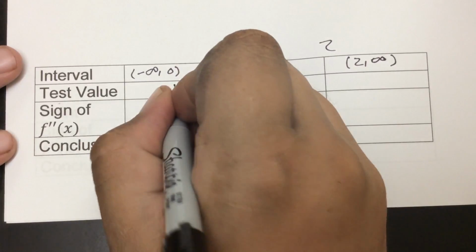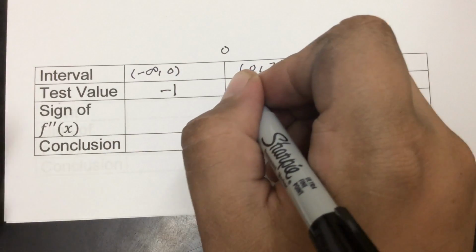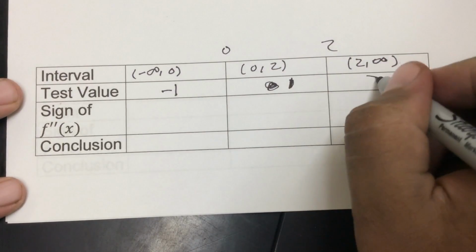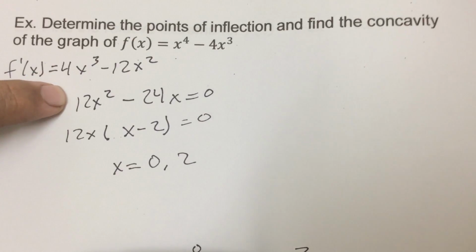Let's go -1. We can't do 0 here. 1, and then 3. So I'm going to put this right here into my y equals. So 12x squared minus 24x.